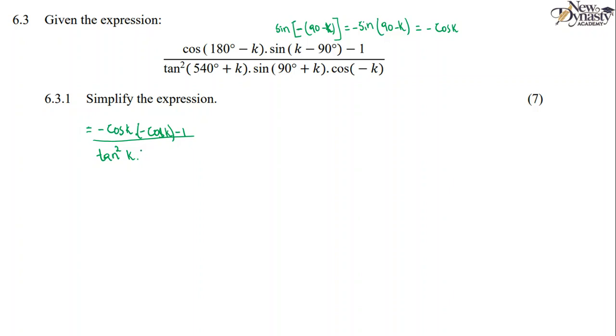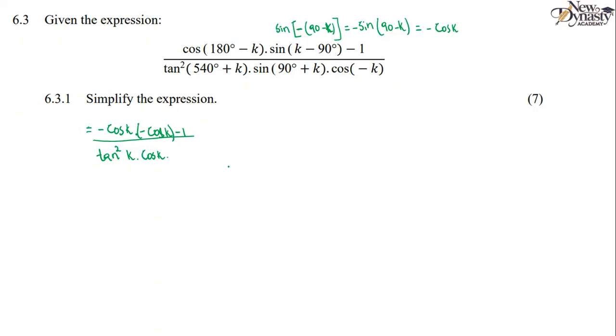Then sine of (90 plus k) just changes to its co-ratio. So instead of sine, we're going to have cos k. Then cos of a negative angle. Remember, when you've got negative angles, only sine and tan will retain the negative sign, but cos is going to be positive.